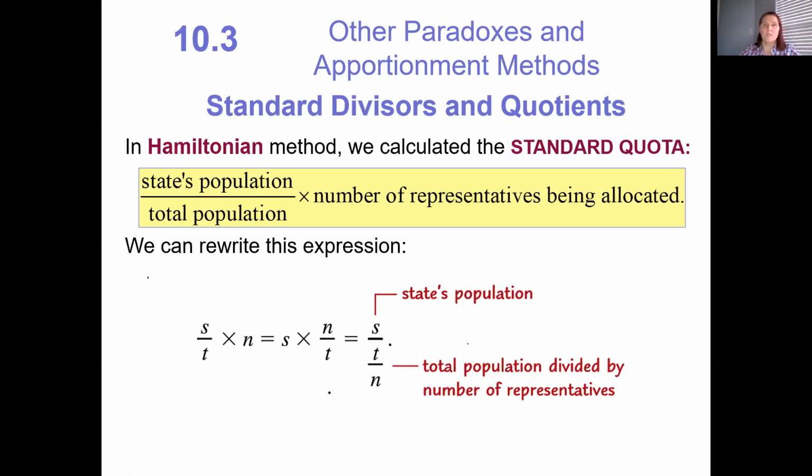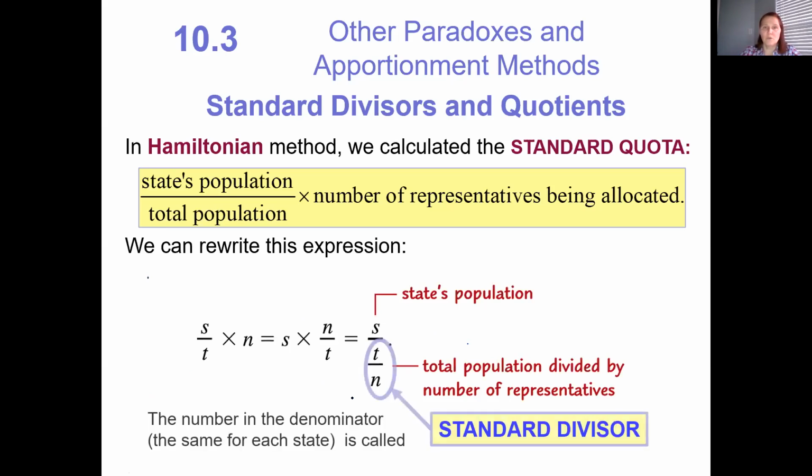When we calculate the standard quota for each state, this expression in the denominator will be the same for every state. Only the numerator S will be different. The state's population will be different for every state, but the denominator will be the same, t over n. We call it the standard divisor. We divide the state's population by this number.